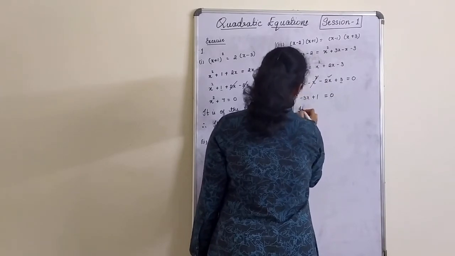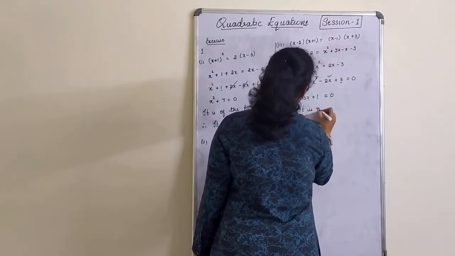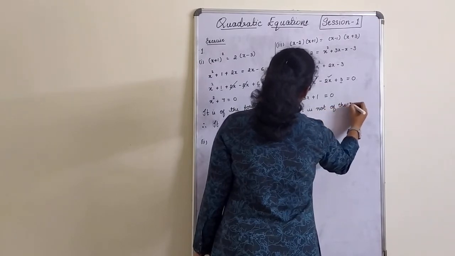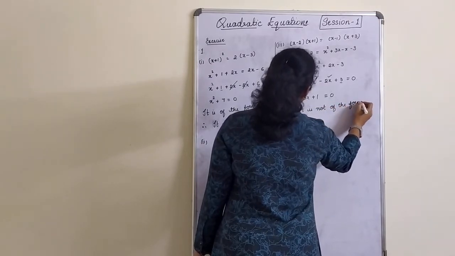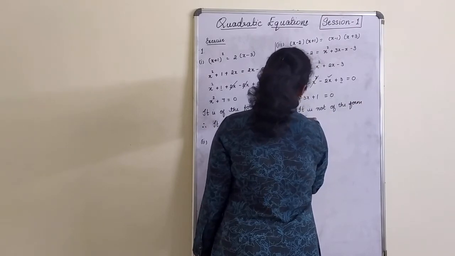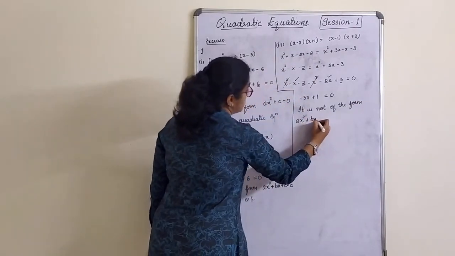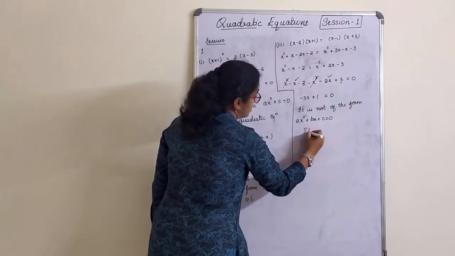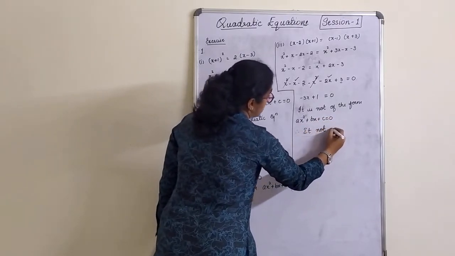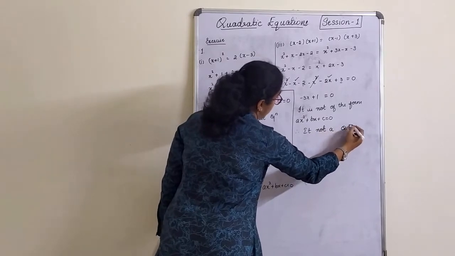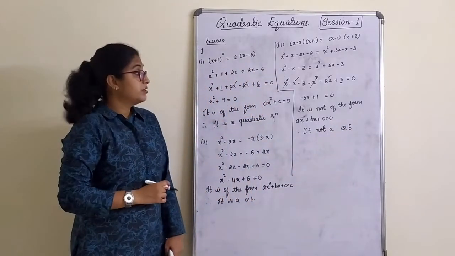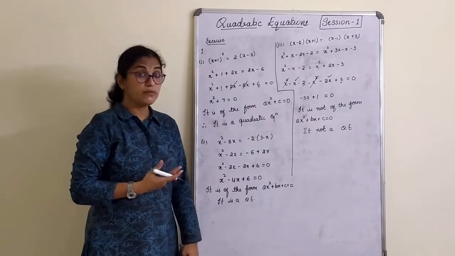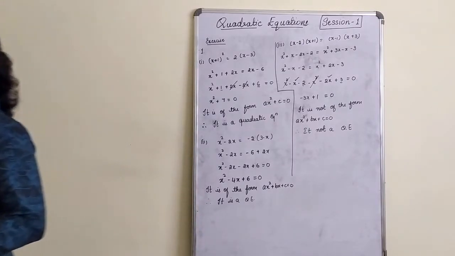It is not of the form ax square plus bx plus c is equal to 0. Therefore, it is not a quadratic equation. Yes? So like that only we have to solve the remaining ones.